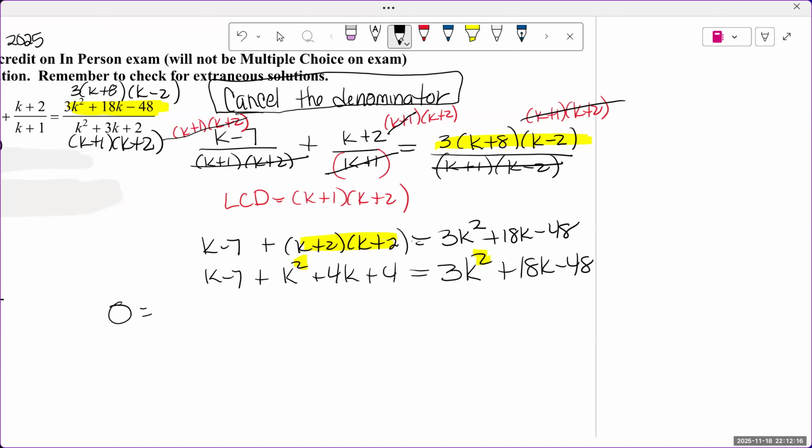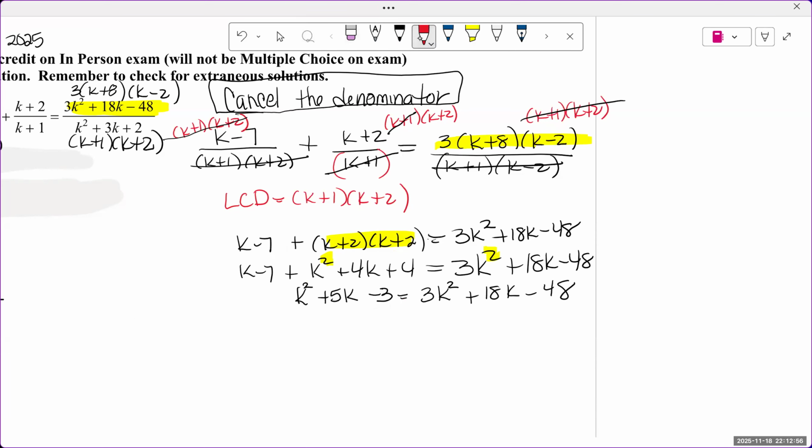So let's put this in order. Subtract k squared. 3k squared, take away k squared is 2k squared. Subtract 5k.